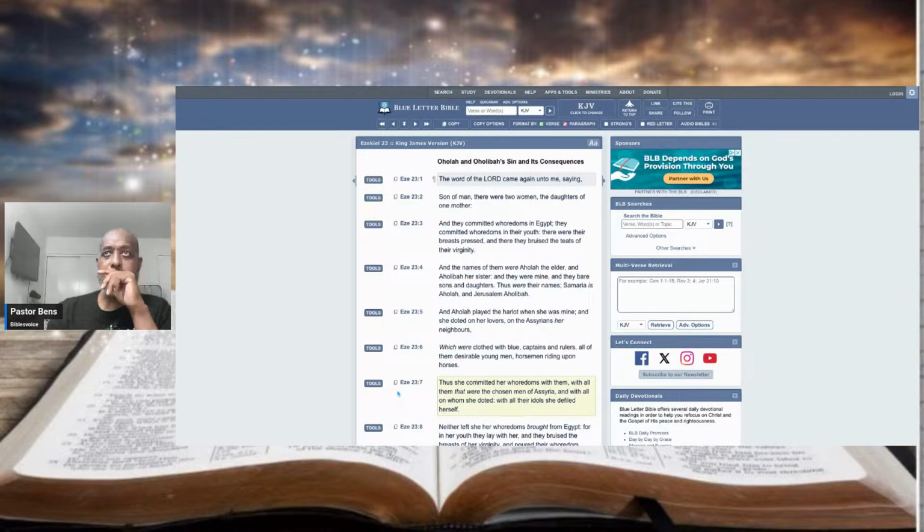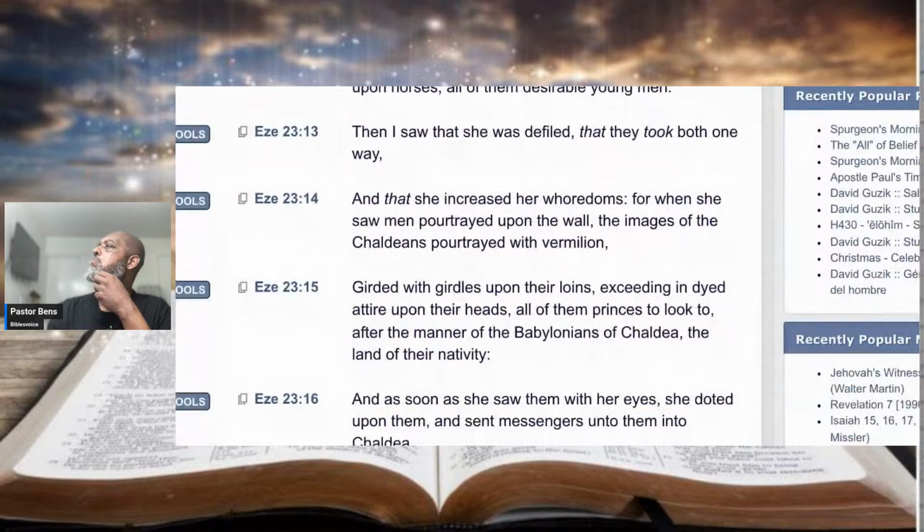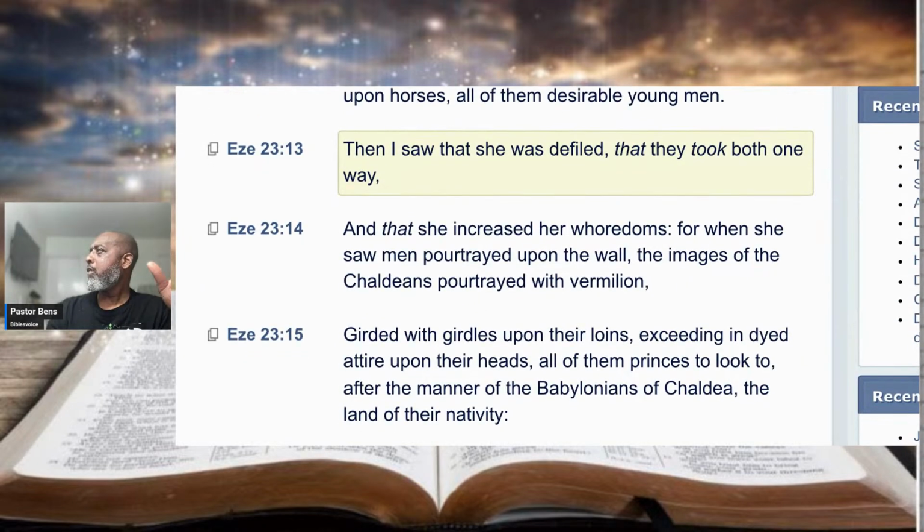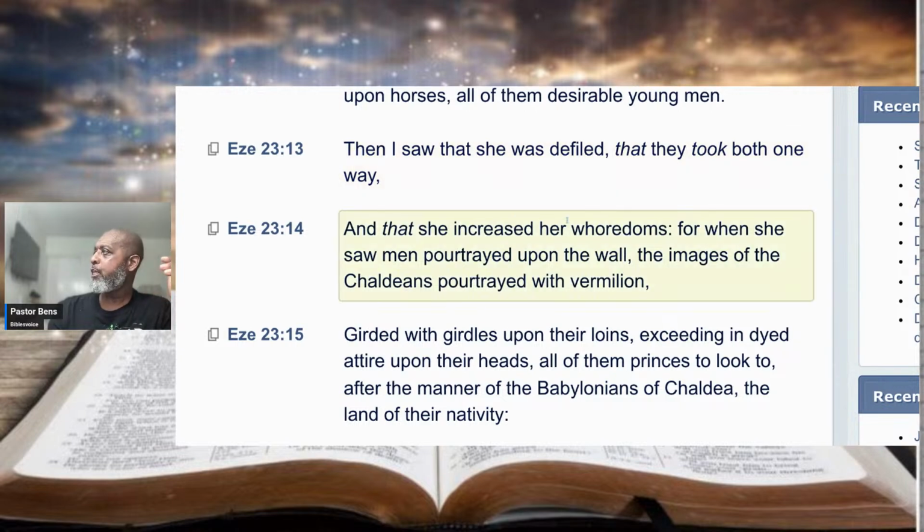You can read this entire chapter. Verse 14. You know what? Let's go to 13. Then I saw that she was defiled, that they took both one way, and that she increased her whoredoms.